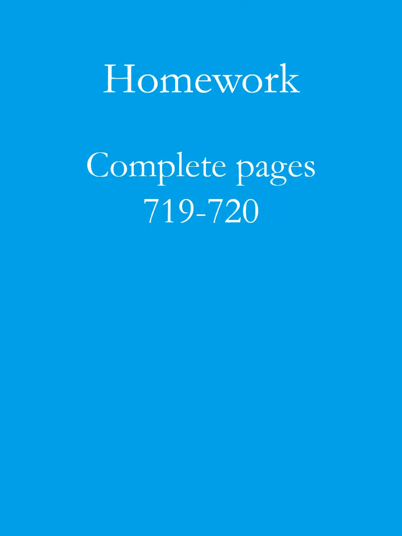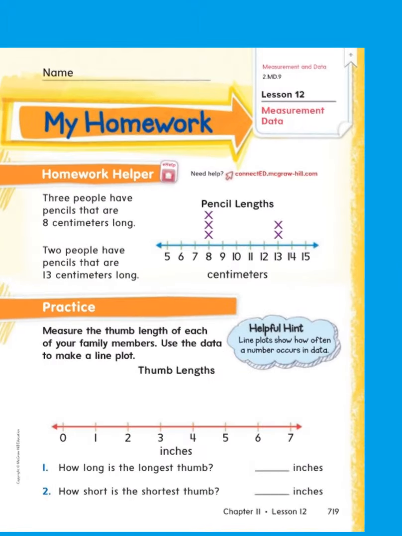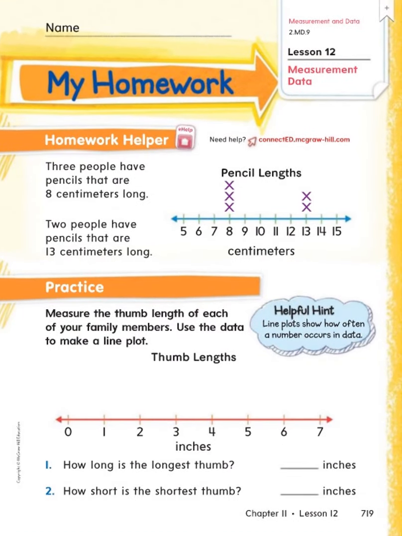So your homework is to do pages 719 and 20. And before we say goodbye, let me go ahead and give you one more set of measurements. Okay, so you can read the top on your own, the homework helper. It reviews what we just talked about.